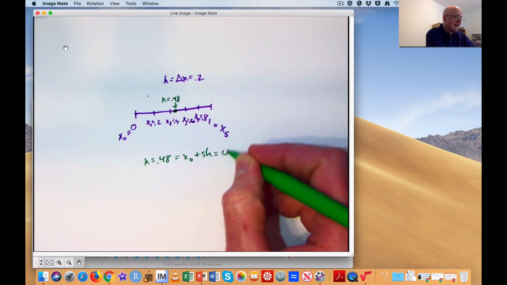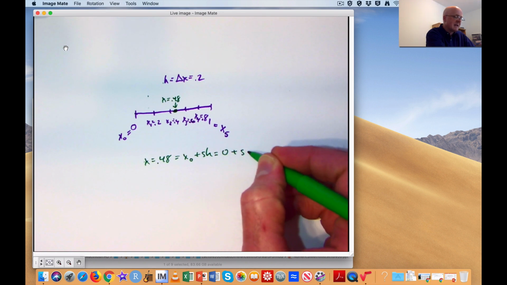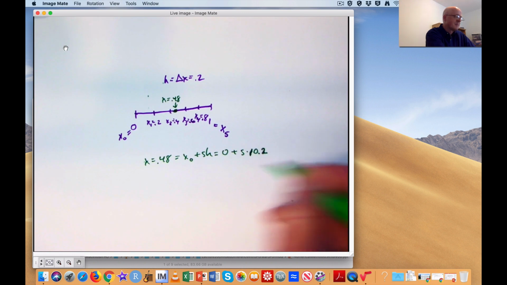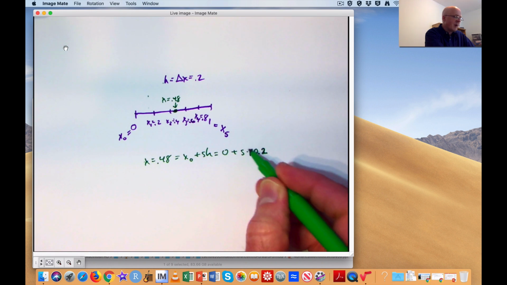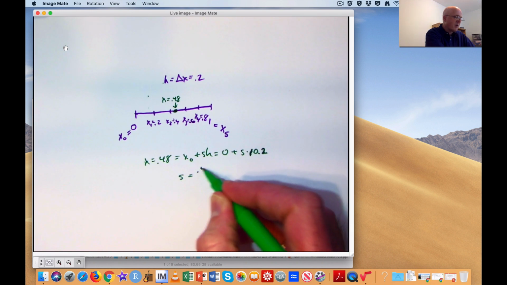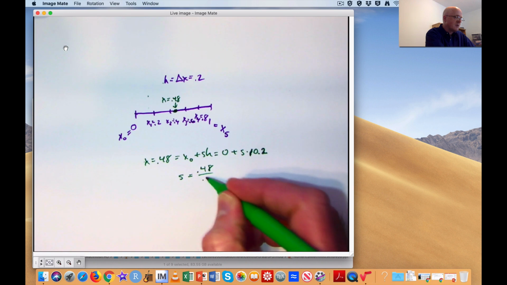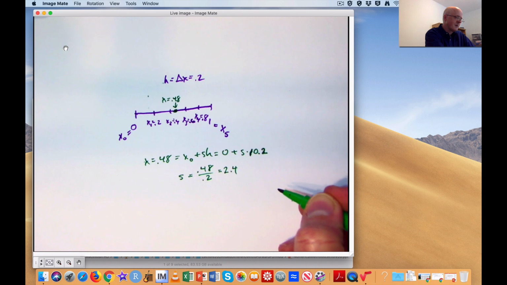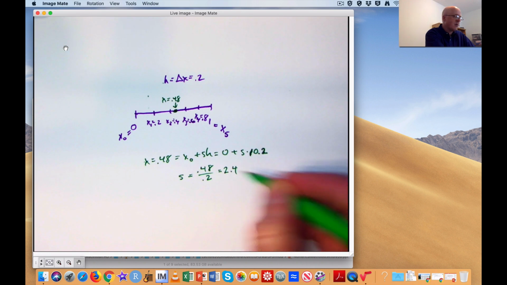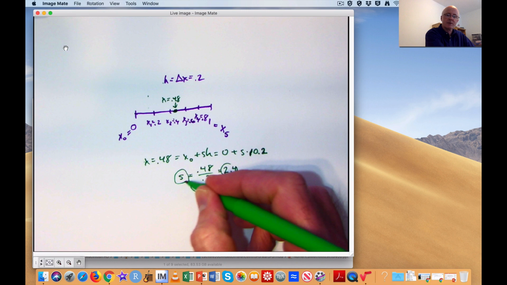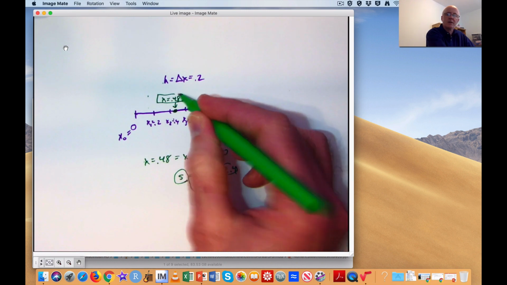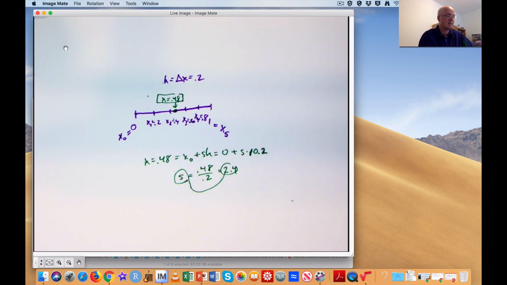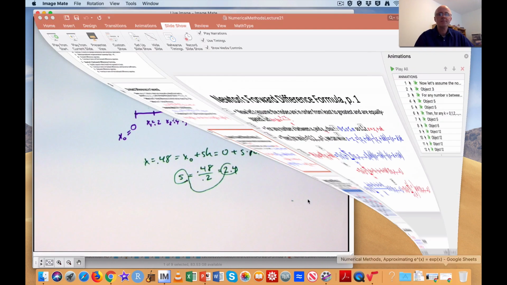Well, go ahead and plug in x0 and go ahead and plug in h, which is 0.2, and solve this equation for s. s is going to be 0.48 divided by 0.2, and that is going to be 2.4. Okay, double check that in my mind. Yes, that will be the s that we use for Newton's forward difference formula when we want to approximate the function here at 0.48. And again, the function is going to be e to the x. All right, let's go back to the PowerPoint now.